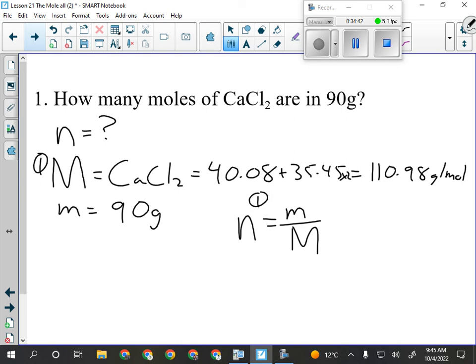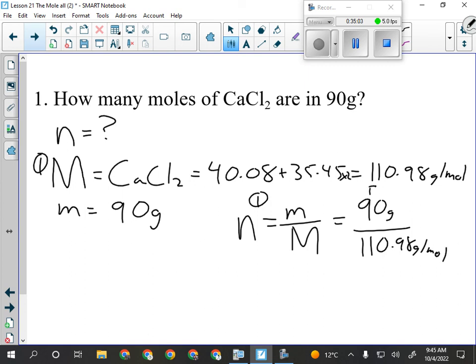Do I need to do any algebra? Not for this one. It's asking me to calculate n. The formula calculates n as it sits. So all I have to do is plug in the numbers. 90 grams divided by 110.98 grams per mole.